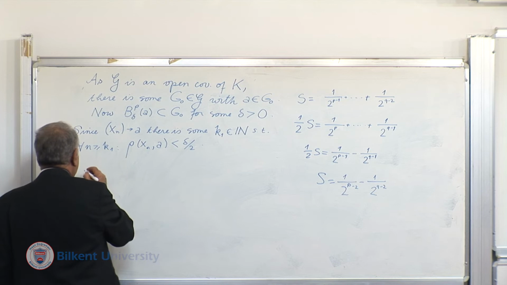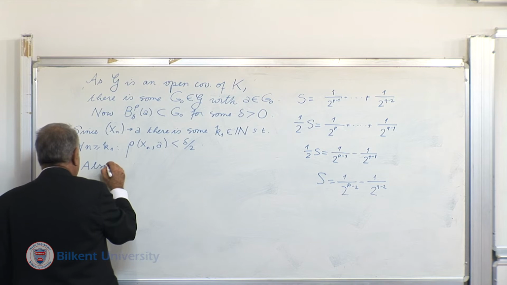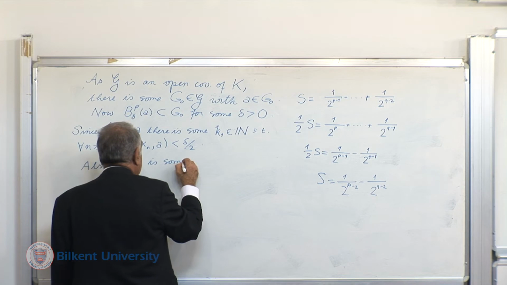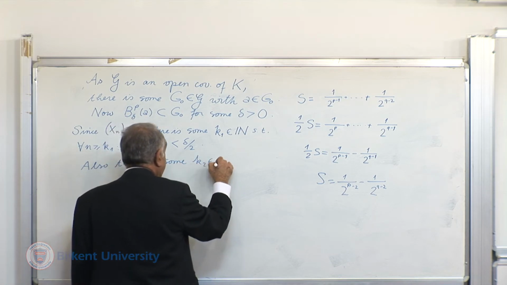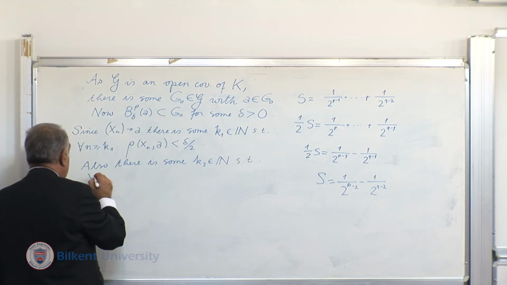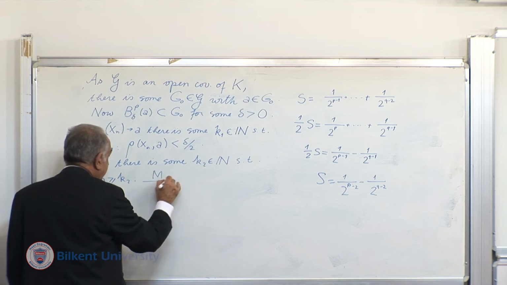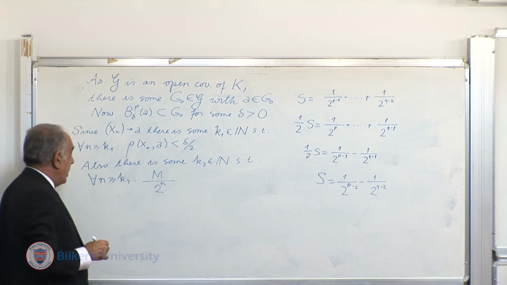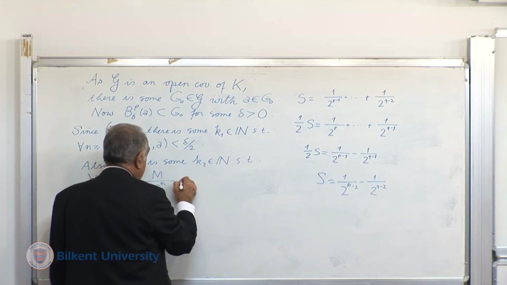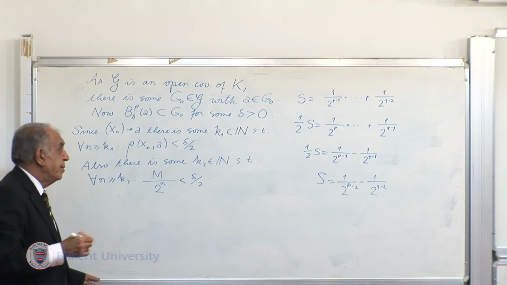Next, also, there is some k2 in N such that for all n larger than or equal to k2, the radius of the nth ball, m over 2 to the power n, will be less than delta over 2.